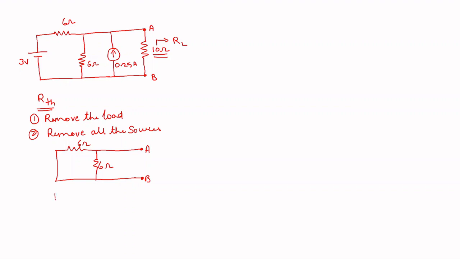So the resistance across AB, the other name for which is Thevenin's resistance, is nothing but 6 in parallel with 6, which is 6 into 6 by 6 plus 6, 36 by 12, which is equal to 3 ohms.